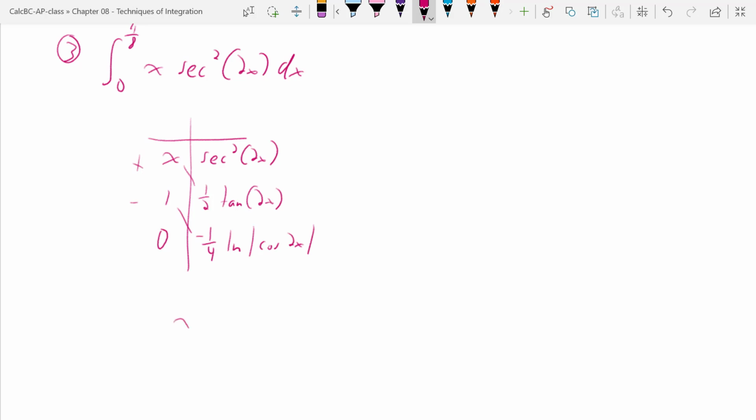So I get x over 2 tangent of 2x plus 1/4 natural log of the cosine of 2x. And that's going to be evaluated from 0 to pi over 8.